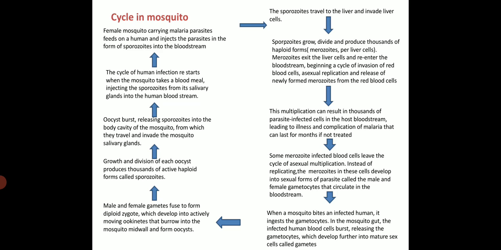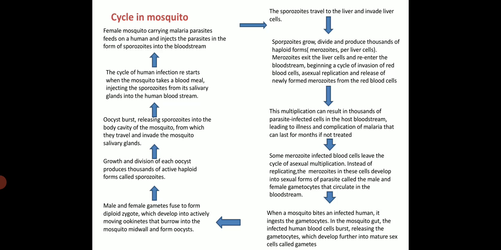Male and female gametes fuse to form a diploid zygote, which develops into ookinetes that burrow into the mosquito midgut wall and form the oocyst. Later, the growth and division of each oocyst produce thousands of active haploid forms called sporozoites.